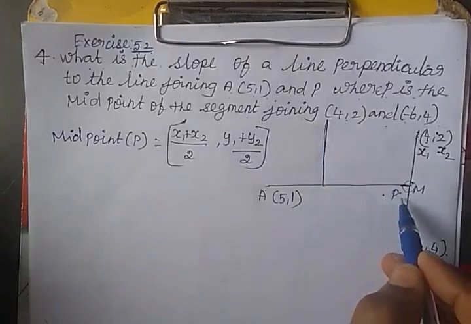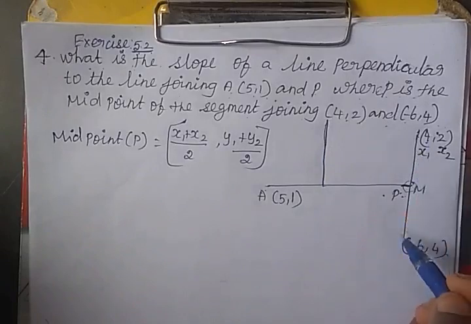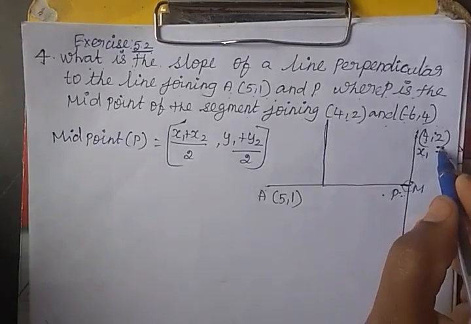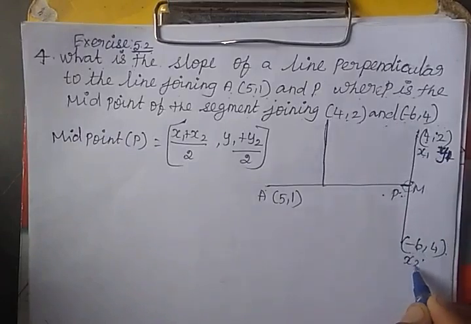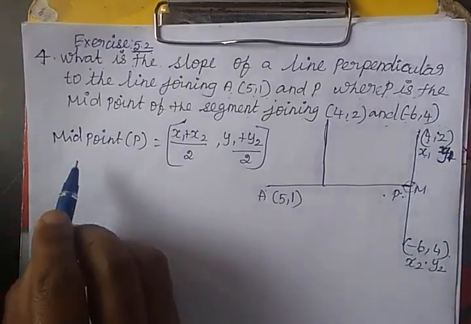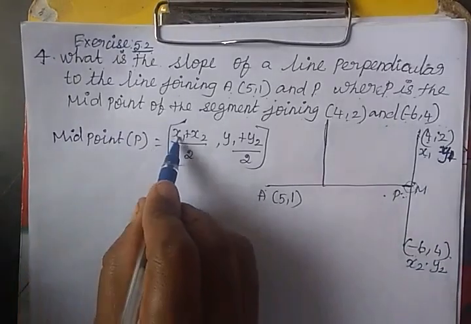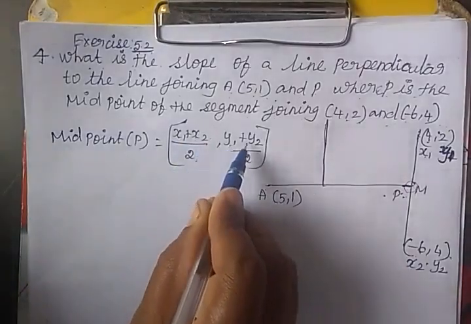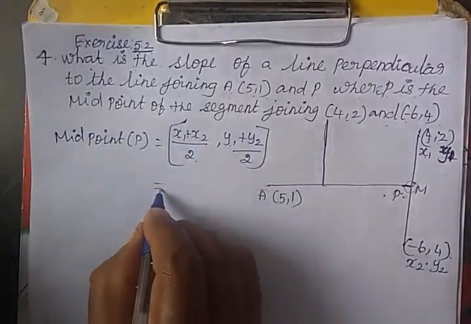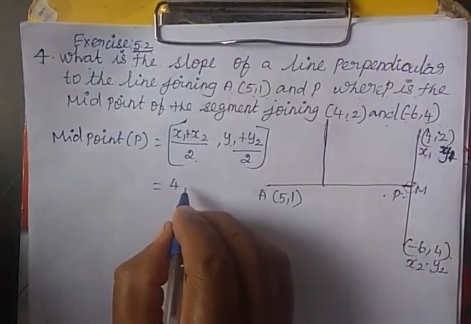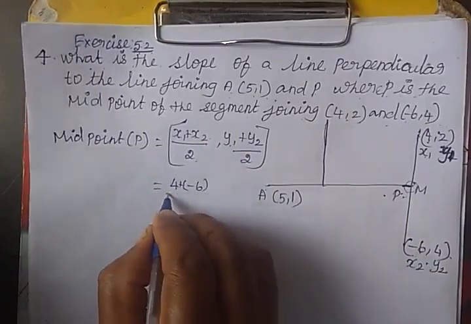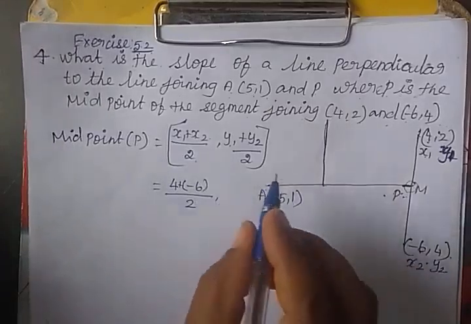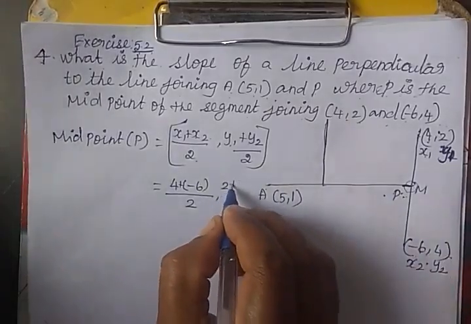First we find P. P is the midpoint of both points, (x1, y1) and (x2, y2). You know the midpoint formula: (x1 plus x2) by 2, (y1 plus y2) by 2. Here x1 is 4, x2 is -6, and y1 is 2, y2 is 4.